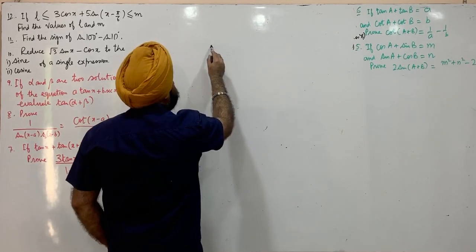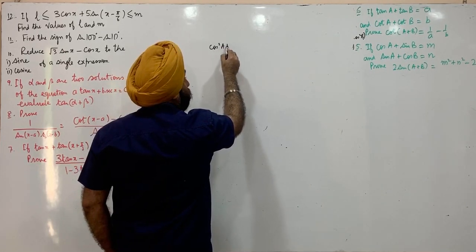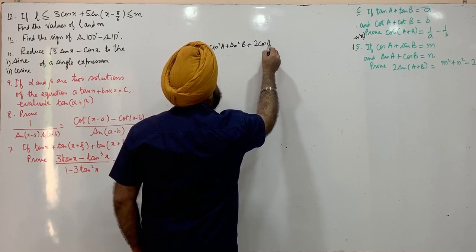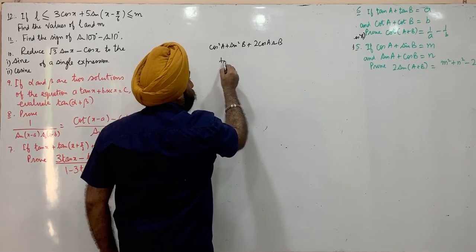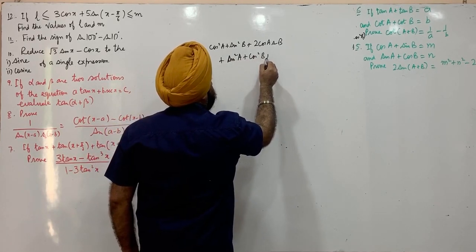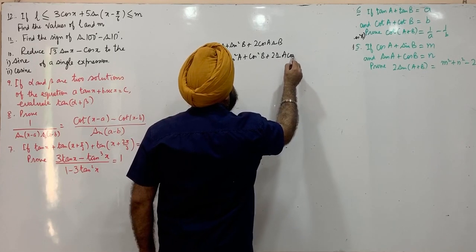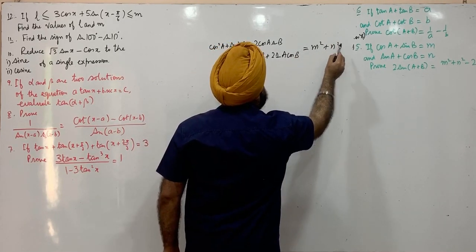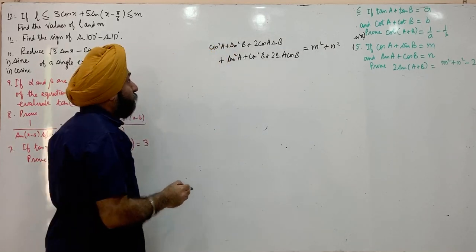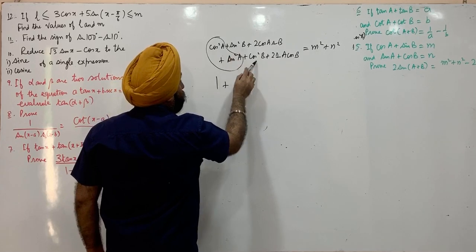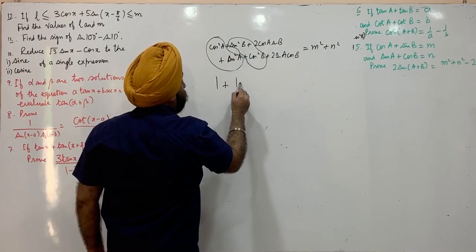Squaring and adding, we get cos square of A plus sin square B plus 2 cos A sin B, plus sin square of A plus cos square of B plus 2 sin A cos B. This is equal to m square plus n square. Now cos square A plus sin square A is 1. Sin square B plus cos square B is 1.